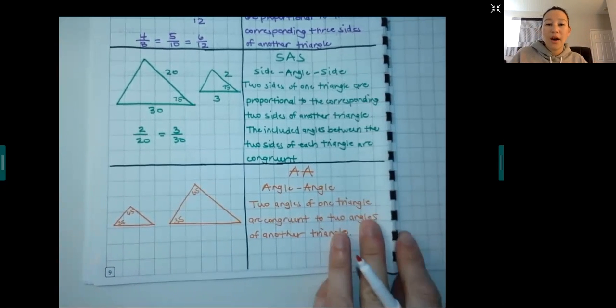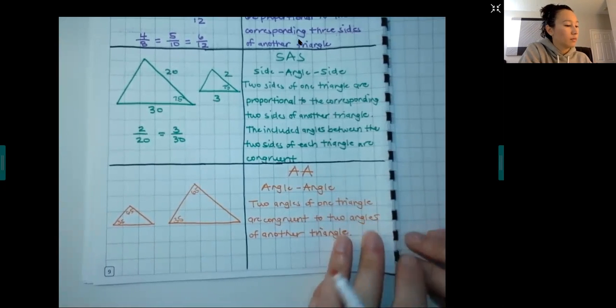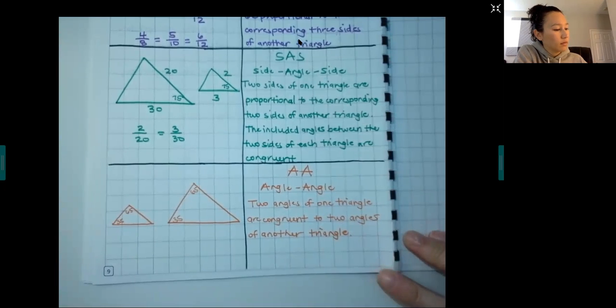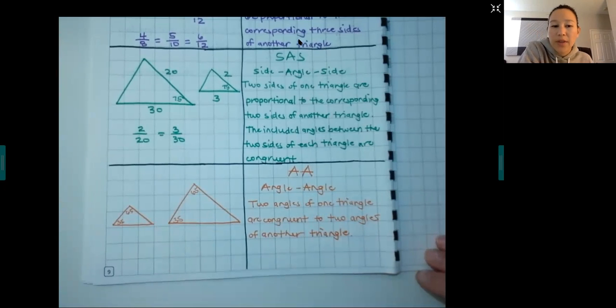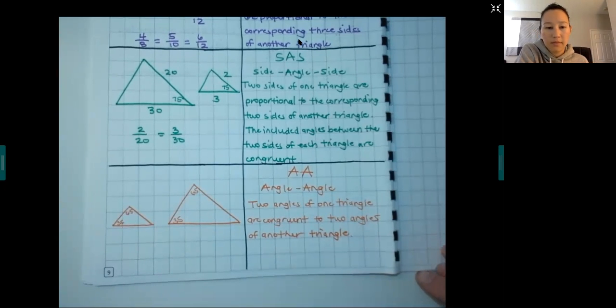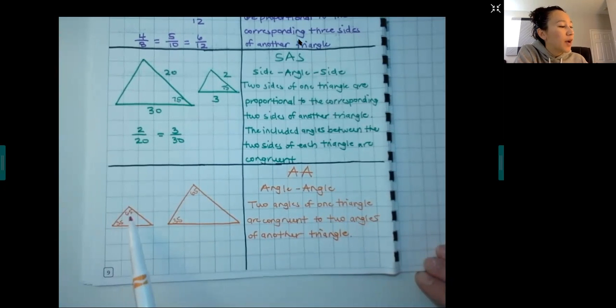Then we know that they are similar. As long as two angles of one triangle are congruent to two angles in another triangle, then we know they're similar. If you remember from last semester, we can figure out what this last angle is, right? Essentially, all three angles are the same.